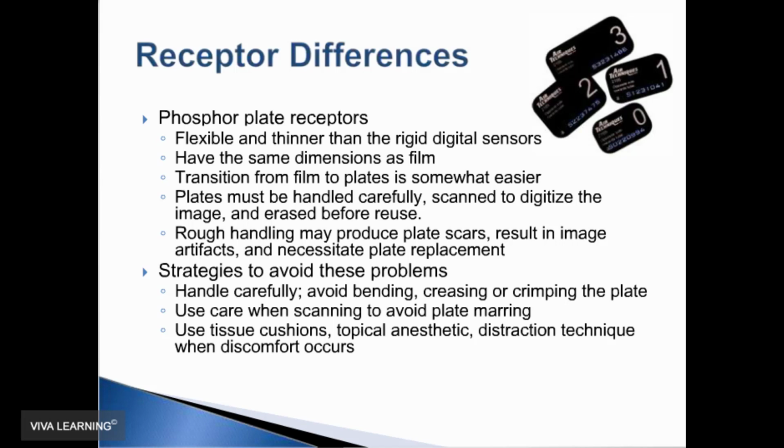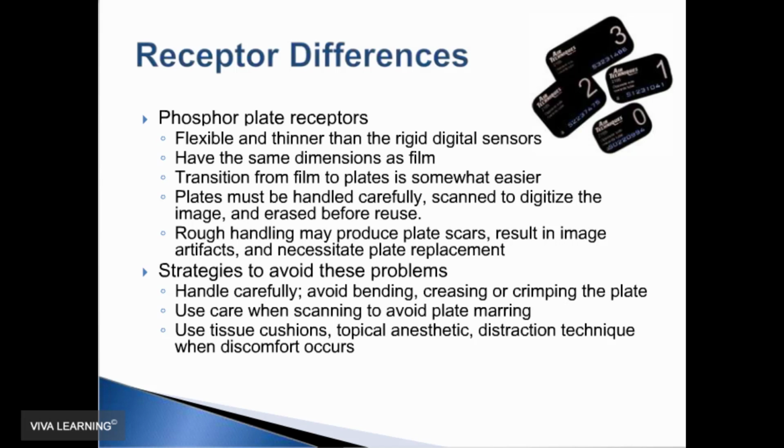So that emulsion will capture the image to the edge of the receptor. The transition from film to plates is somewhat easier and is probably the most comparable to film in the procedure and the processing phase. What must be remembered is that the emulsion must be handled very carefully.